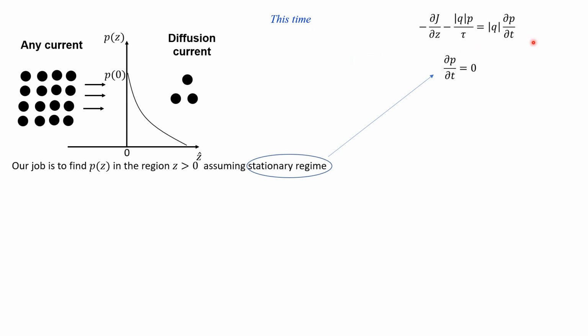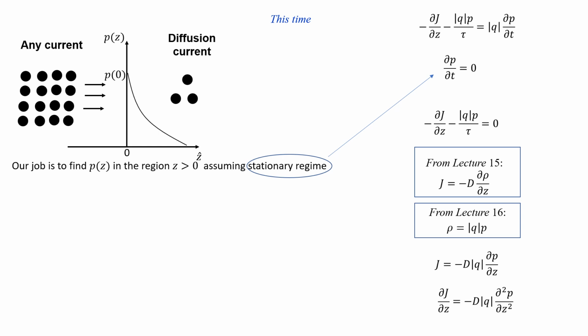Okay, so we can focus our attention on this equation now because we're dealing with holes. So if we're assuming that nothing is changing in time, then this term is zero. And if this term is zero, then this equation is reduced to this equation. Now, from lecture 15, we learned that if the current is by diffusion, then the current density is given by this expression, where D is the diffusion coefficient.